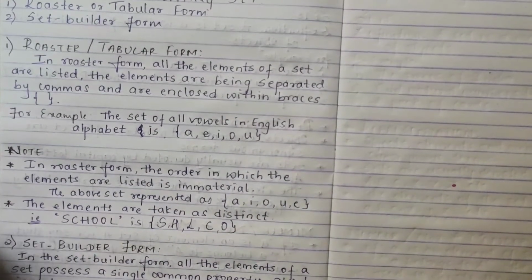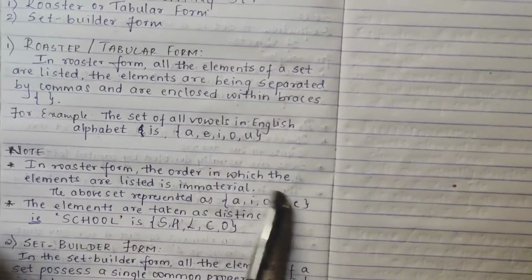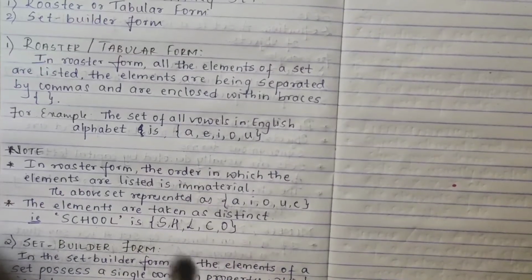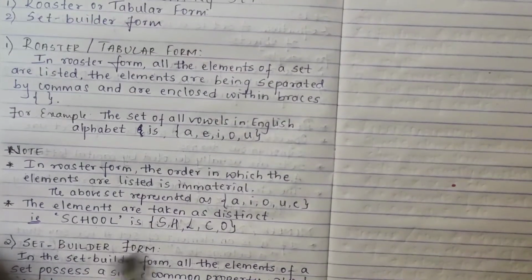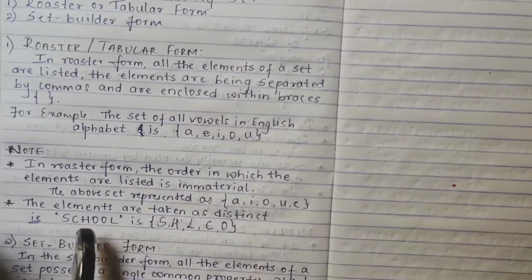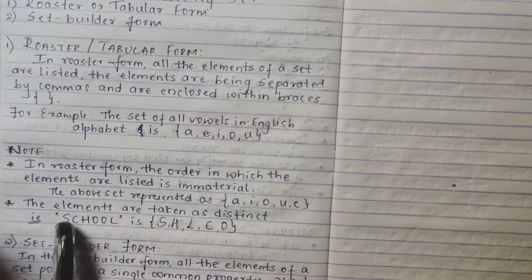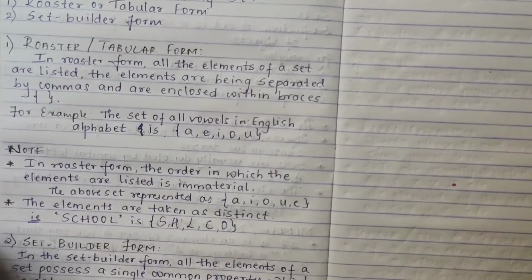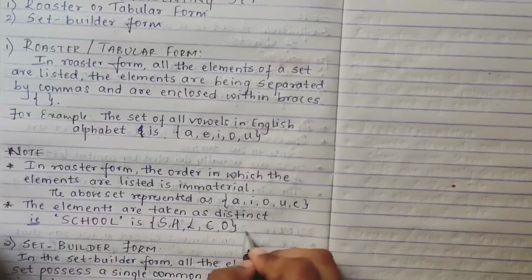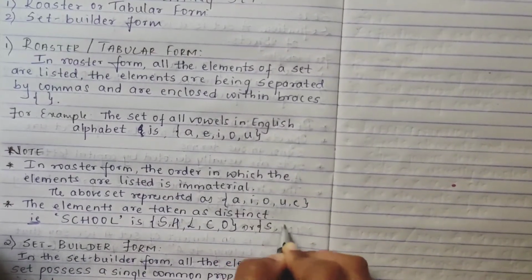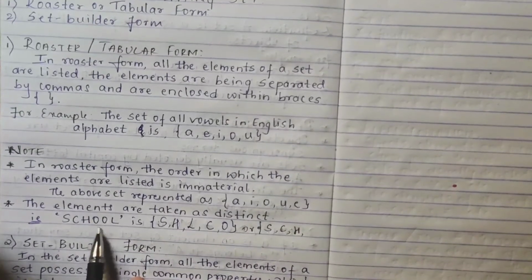Second point, the elements are taken as distinct. This means that inside, the elements are not repeated. For example, here school is given, and they tell you to write it in roster form. I have written S, H, anyhow, and not the same order, S, C, H. You can write in the order as it is, S, C, H, but here you see O is 2 times, it is repeated.